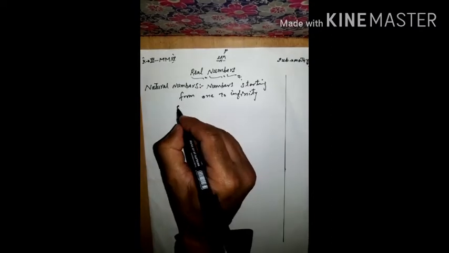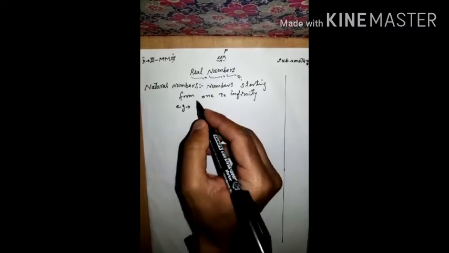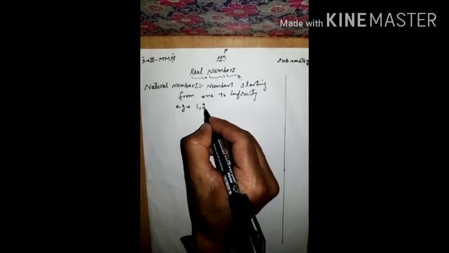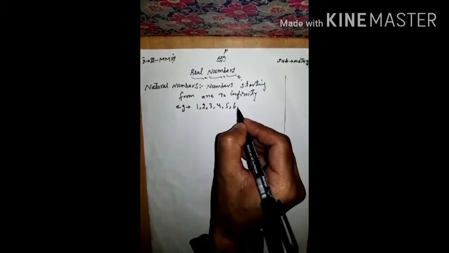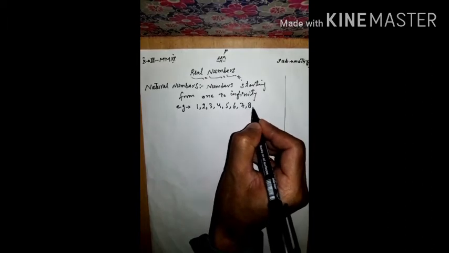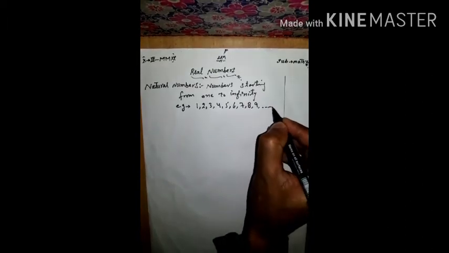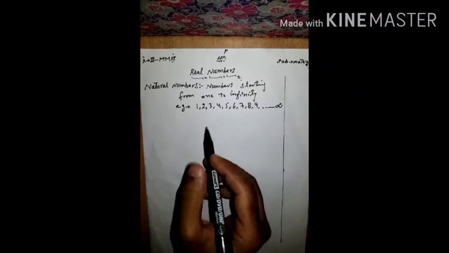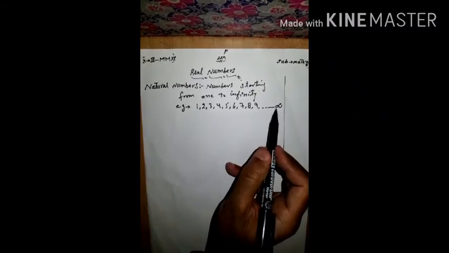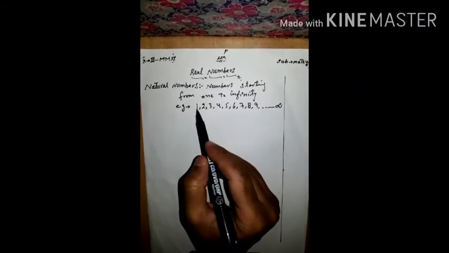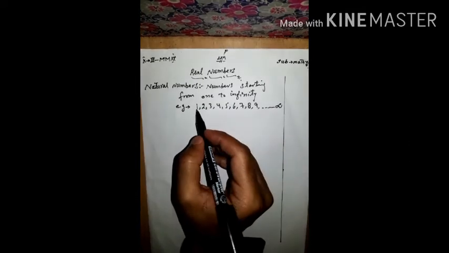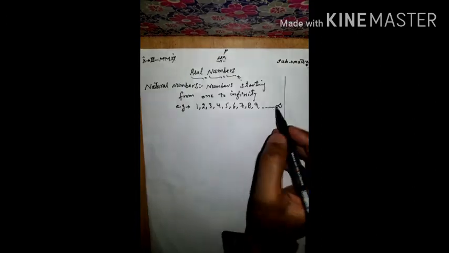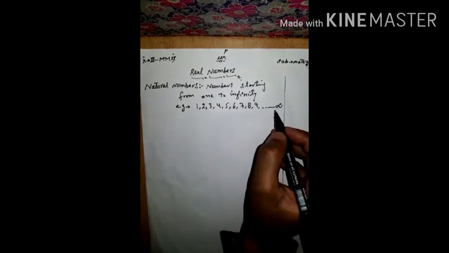Like for example, if we take numbers 1, 2, 3, 4, 5, 6, 7, 8, 9 and so on up to infinity. So these are known as natural numbers. The natural numbers start from 1 and end at infinity. It means the least natural number is 1 and the largest natural number we can't see.